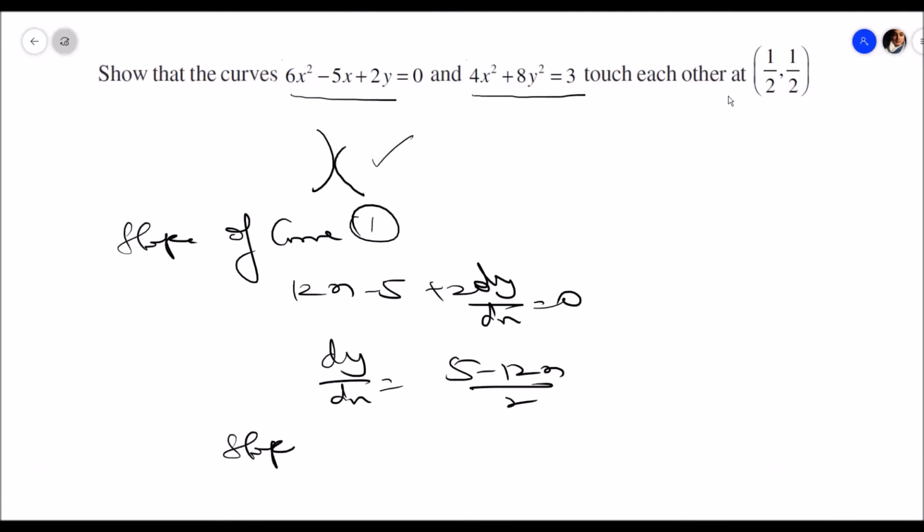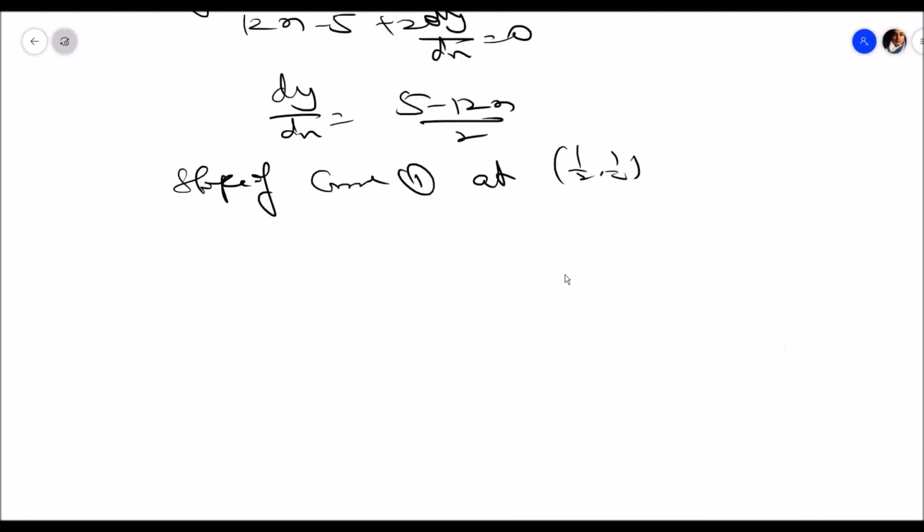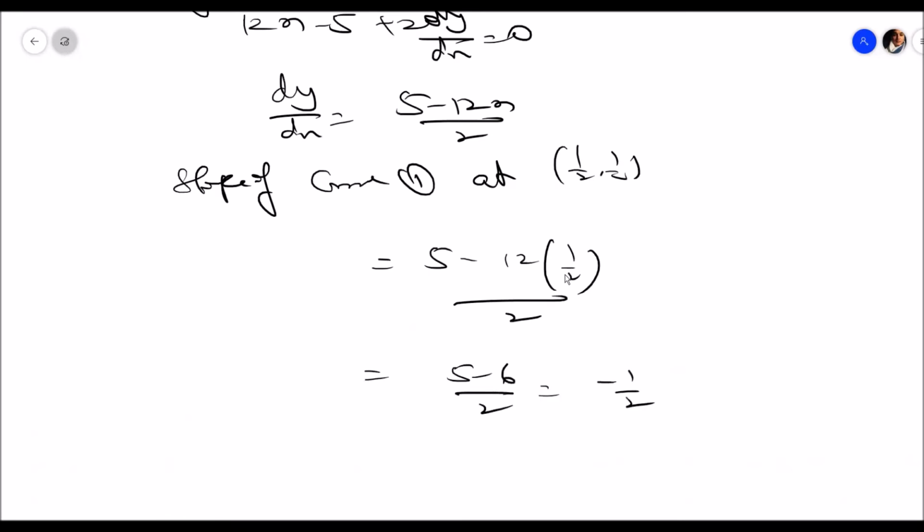So slope of curve 1 at 1 by 2 comma 1 by 2 is what you need to find out. Okay, so that is equal to 5 minus 12 into 1 by 2, all by 2, which is nothing but 5 minus 6 by 2, which is minus 1 by 2.